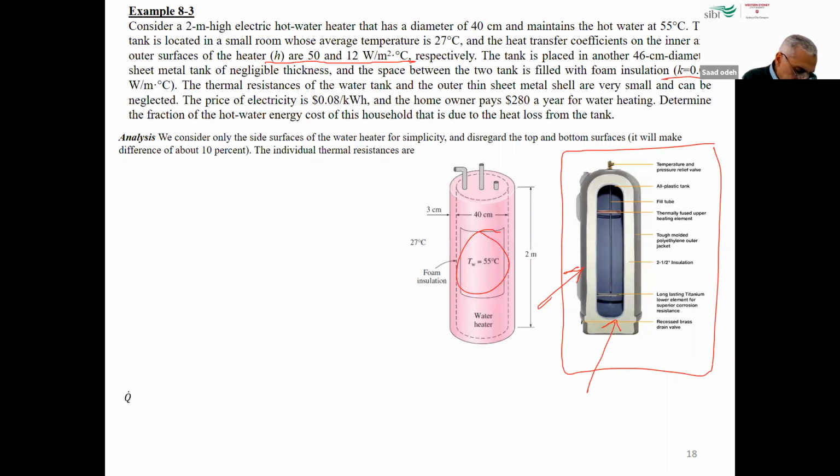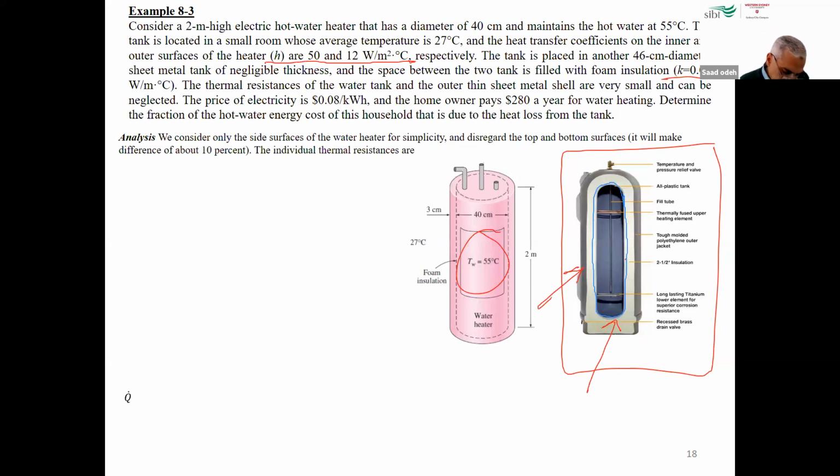We have been told here that the thickness of the metal of the tank is very thin. This is the tank, this is the metal, and its thickness is small compared with the foam or the insulation. Because the thickness is so small, heat transfer by conduction will be high.